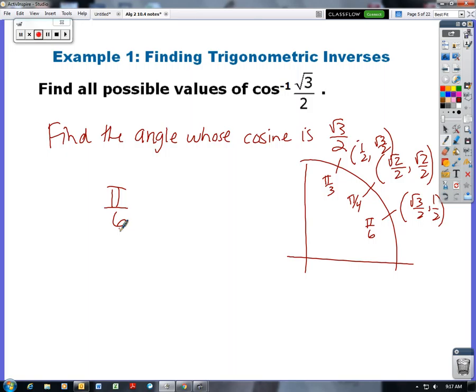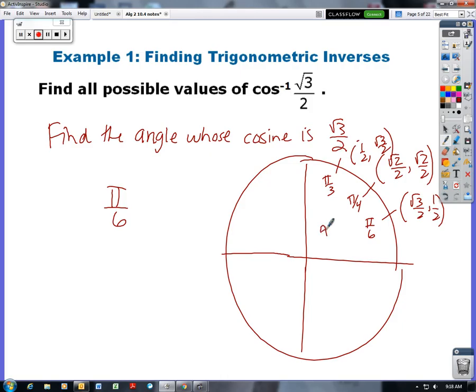But remember on the unit circle, because I just drew part of it because that's all I really need, we also have to consider in what other quadrants cosine is positive. Because notice the √3/2 is positive, so cosine is also positive. If you think all students take classes, cosine is also positive in quadrant 4.